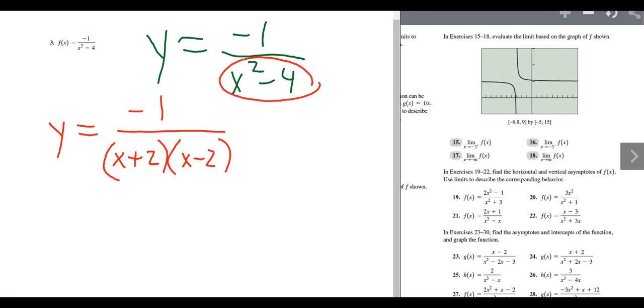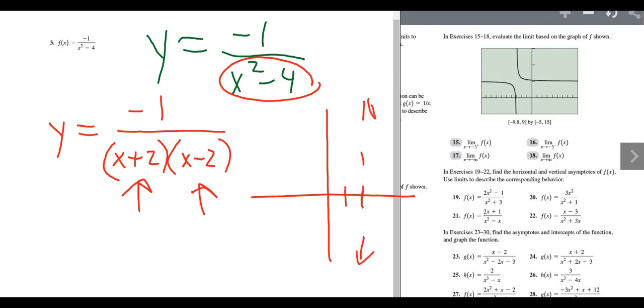All right, now, factor it so that you can see what? What do you see now? How many vertical asymptotes? 2. You've got one over here and one over here.